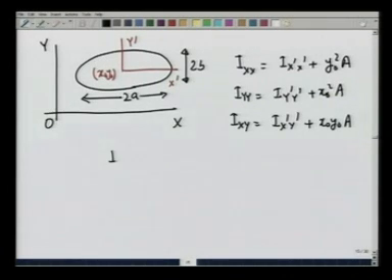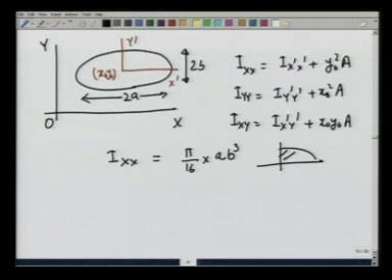Previously, we have calculated I_xx as pi over 16 times a b cubed for a quarter of an ellipse like this. So, for the full ellipse, and this I left as an exercise for you, this is going to be 4 times as much.